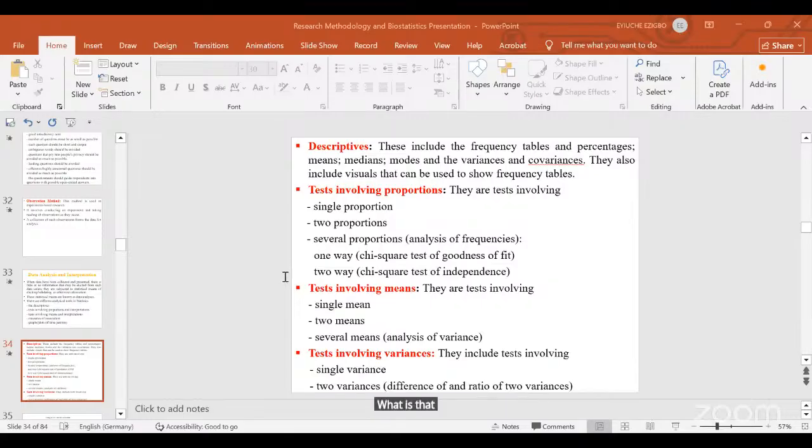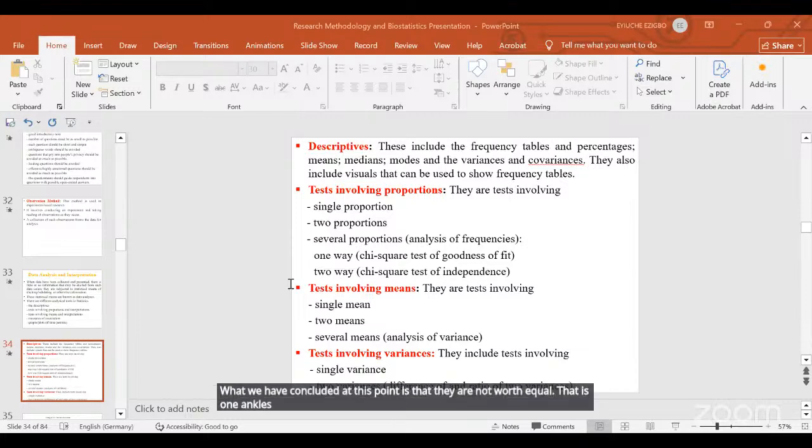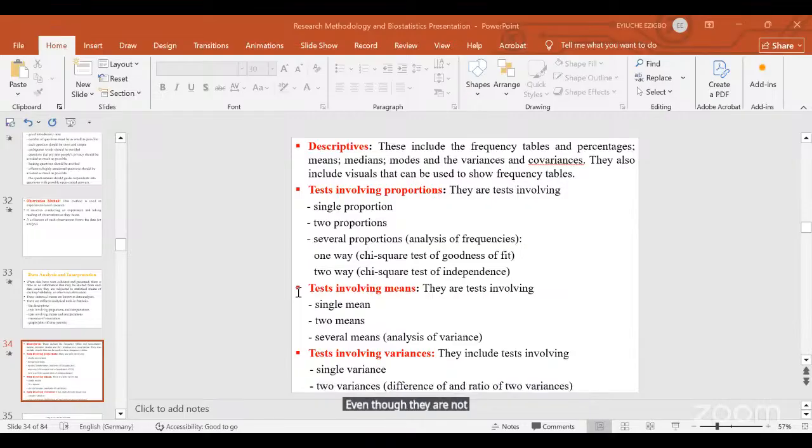Because we have 4 blood groups, what we have concluded at this point is that they are not what? Equal. That is one output. The other result may be that even though they are not the same, there is no significant difference in their proportions. At that point, I will conclude what?